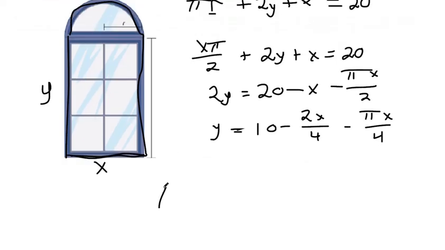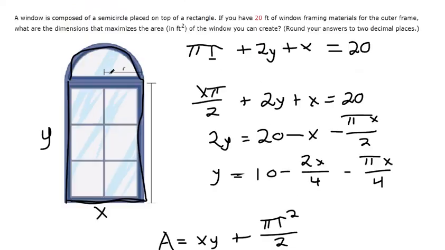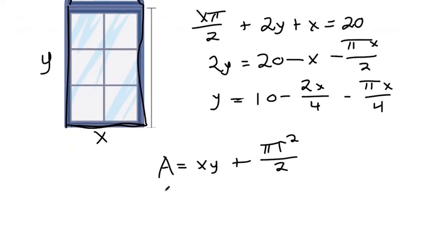So the area of this thing is the area of the rectangle, x times y, plus the area of the semicircle. So that's pi r squared, and then we divide that by 2 to make it a semicircle. Like we said up above, the radius is just half of x. So we can get rid of one of those variables. It's half of x.